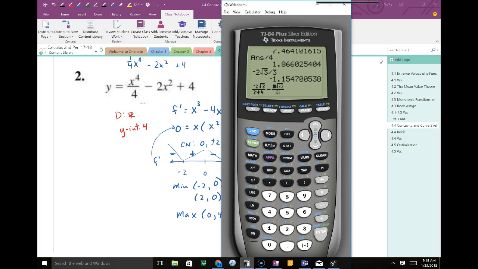So 2 square roots of 3 over, let's call it 12, to the 4th power minus 2.